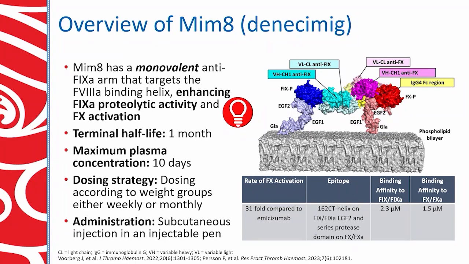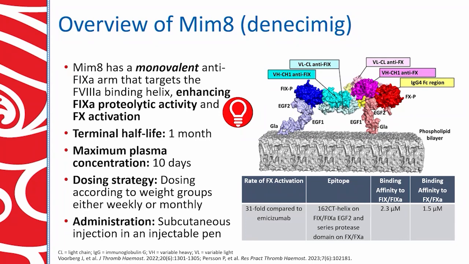So MIM8, which is an IgG4 as well, has a monovalent anti-factor IXa arm that targets the factor VIIIa binding helix, enhancing the factor IXa proteolytic activity and the factor X activation.